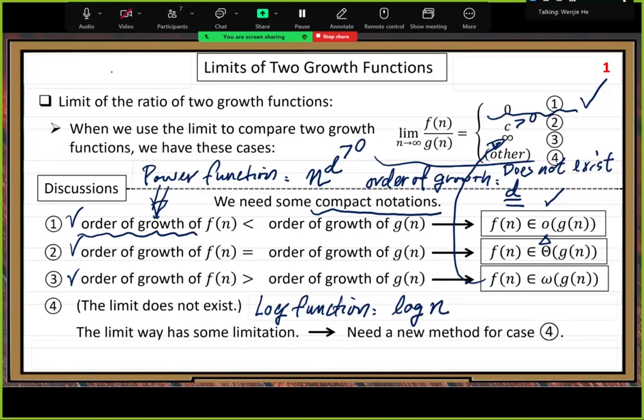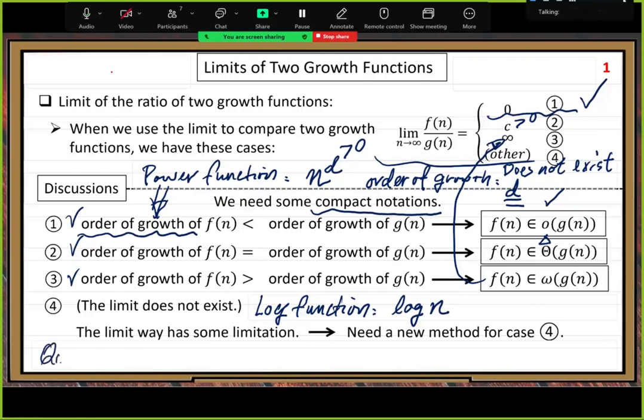Because this function is so important, answering this question is not that easy. If you compare the log function with a power function, how do you compare them? So here, there is a question we need to answer.